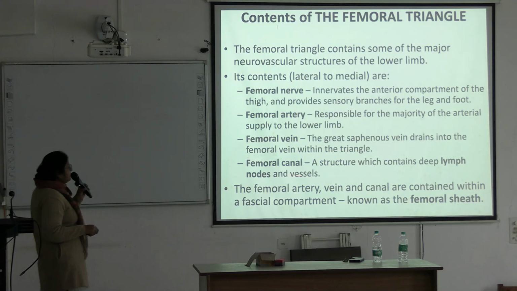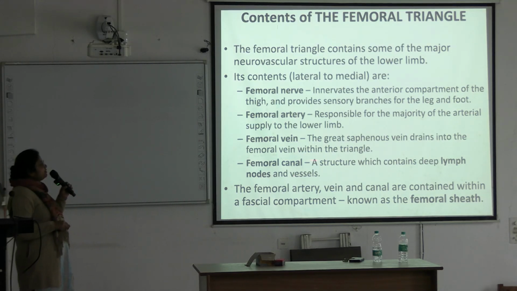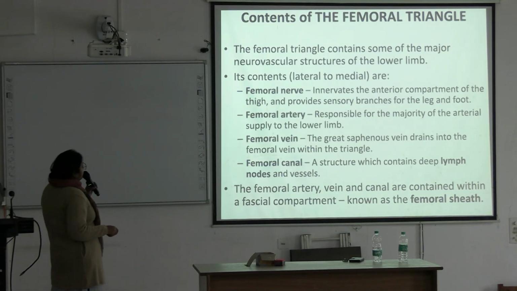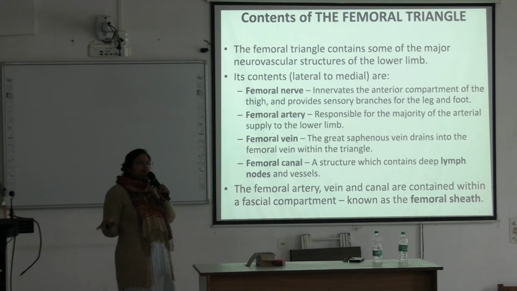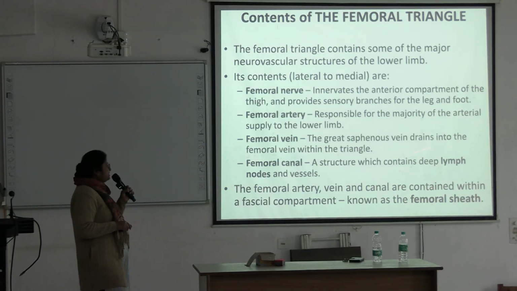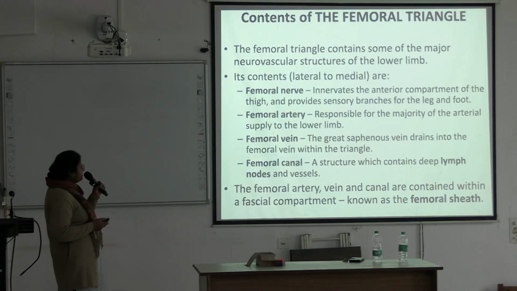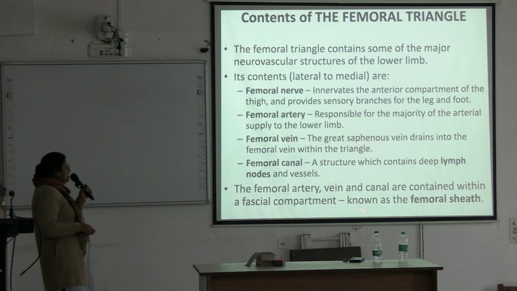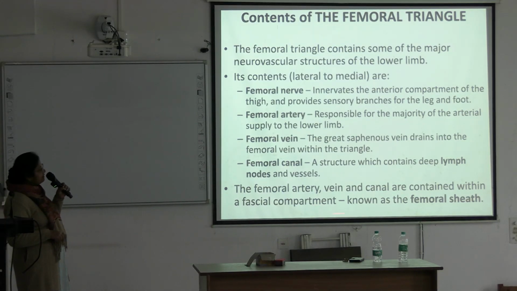Next is the femoral vein. The great saphenous vein drains into the femoral vein within the femoral triangle. Next is the femoral canal, which is the medialmost compartment of the femoral sheath, a structure which contains the deep inguinal lymph node of Cloquet and some fine vessels. The femoral artery, vein and canal are contained within a fascial compartment known as the femoral sheath.